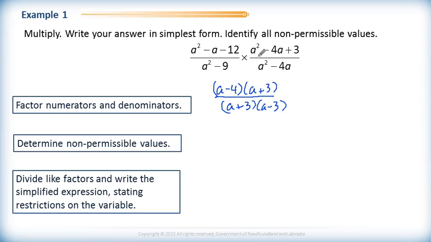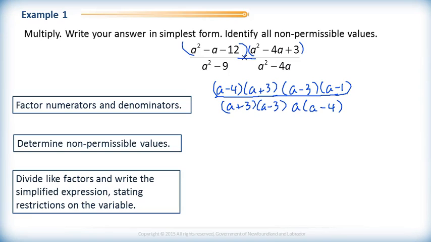Now we're multiplying here, so really this is all joined together. We're really multiplying the numerators together. So I just need to factor this numerator here, and I've got a minus 3, a minus 1. And in the denominator, I have a outside of a minus 4 because of the common factor.